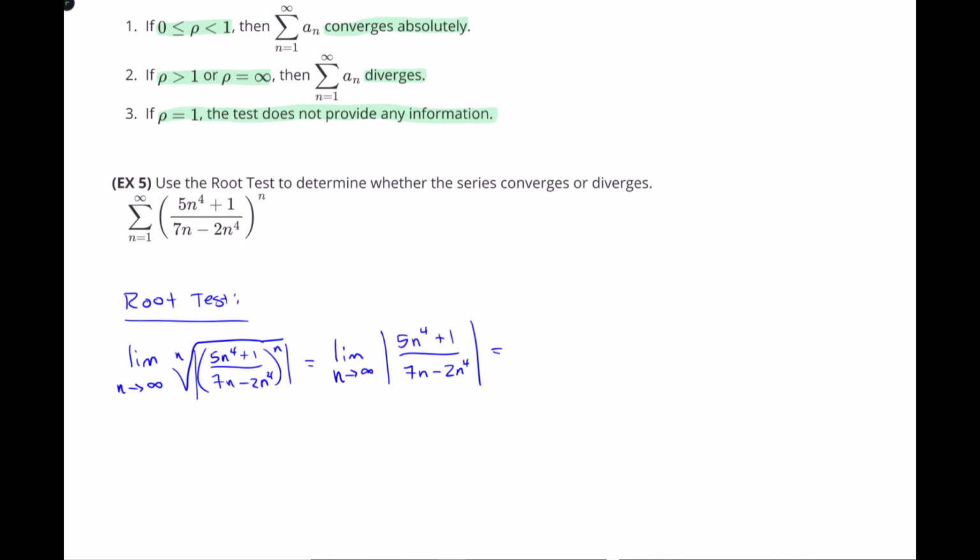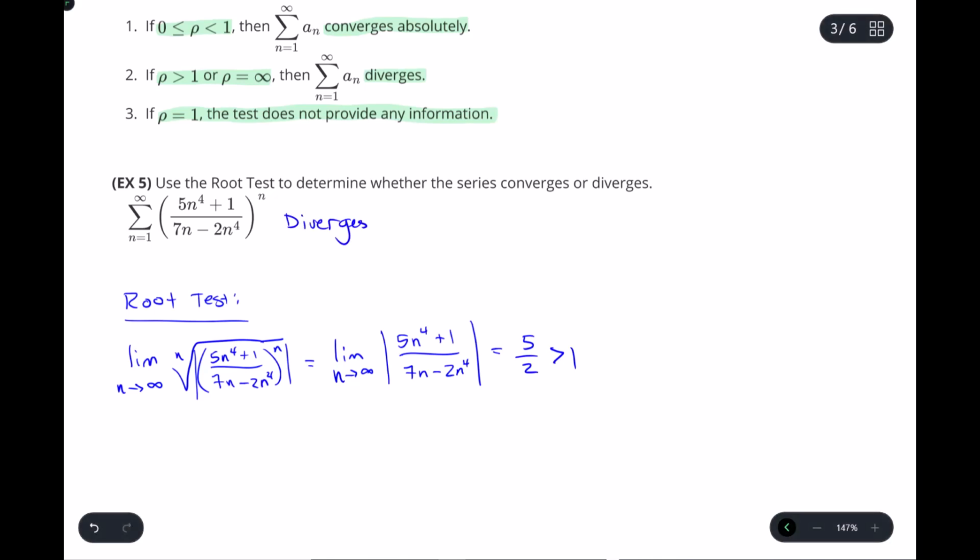The degrees here are equal, so that means the limit's going to go toward the ratio of the leading term coefficients, which would be negative 5/2, but we do also have these absolute value bars, so it's actually going to be positive 5/2. And that is bigger than 1, so we've proven that this series diverges by the root test.